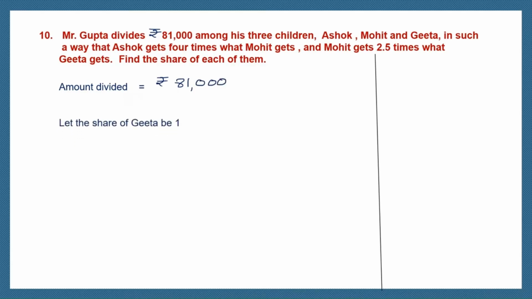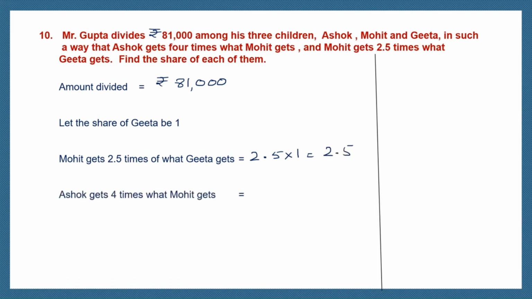Then we are going to assume the share of Geeta to be 1. That means Mohit gets 2.5 times of what Geeta gets. That will be 2.5 into 1. This is what Mohit gets, 2.5. Now, what about Ashok? He gets 4 times what Mohit gets, that is 2.5.